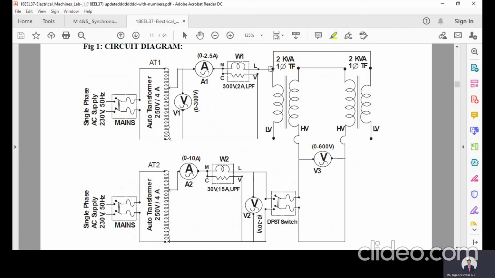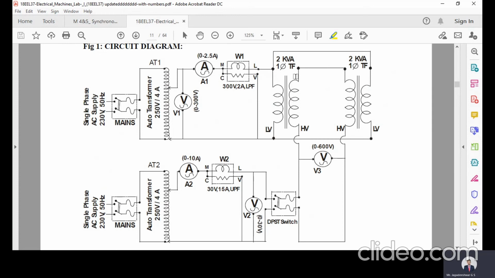terminal of the wattmeter. MC is shorted here. L is given to the 100% of the primary winding of the first transformer, and 0% of the first transformer primary is given to the neutral of the auto transformer. This is the first connection you have to make. Then the V terminal of the wattmeter is connected to the neutral of the auto transformer. Next, you can see the 100% of the primary of the first transformer is connected to the 100% of the secondary of the second transformer, so these two terminals are shorted here.